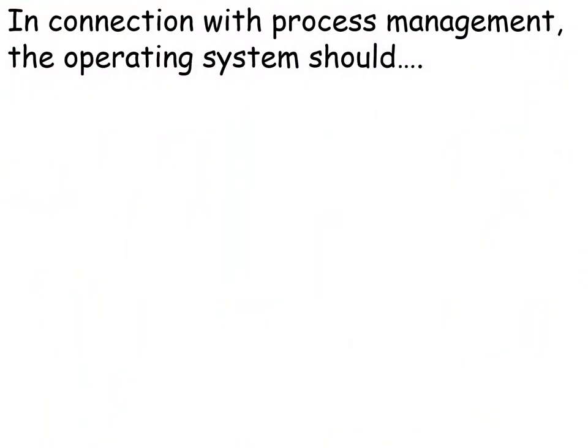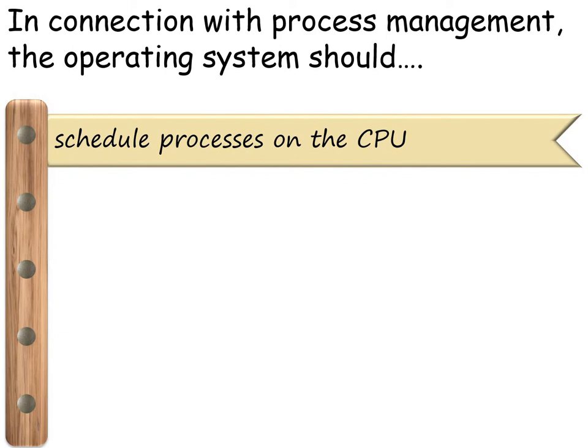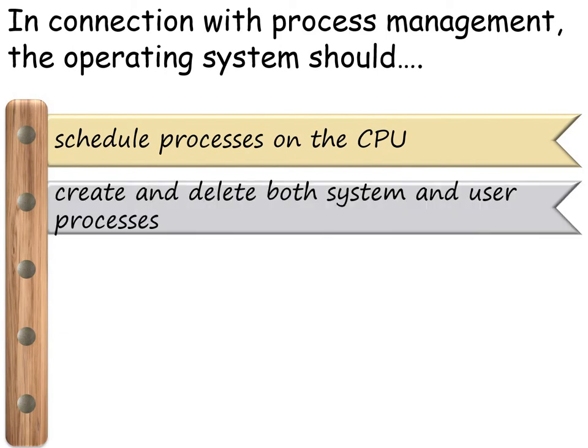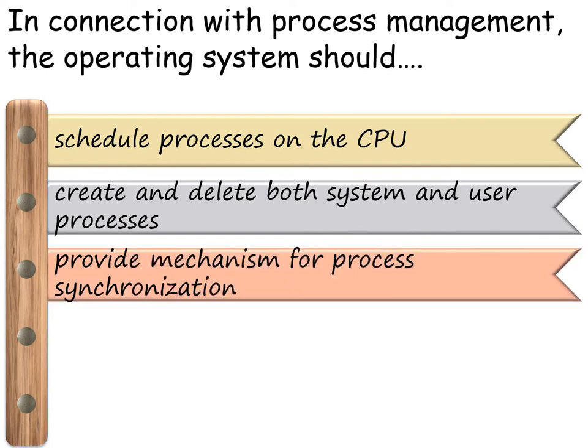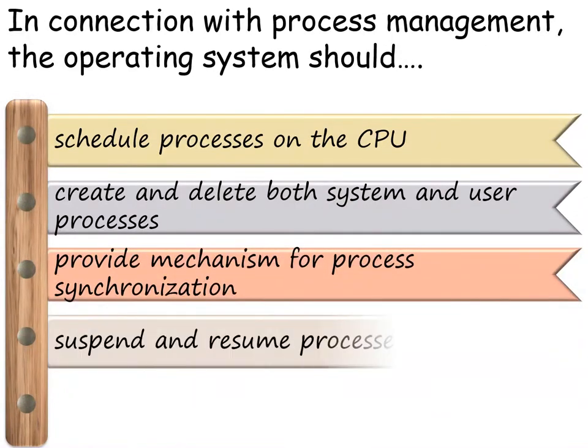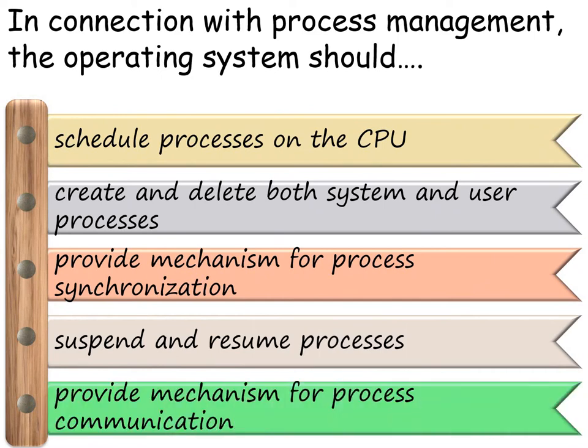In connection with process management, the operating system should schedule processes on the CPU, create and delete both system and user processes, provide mechanism for process synchronization, suspend and resume processes, provide mechanism for process communication.